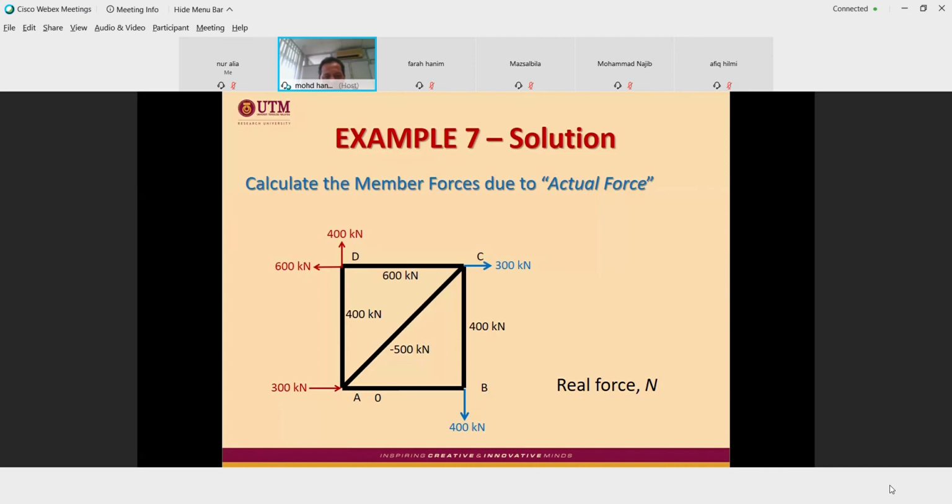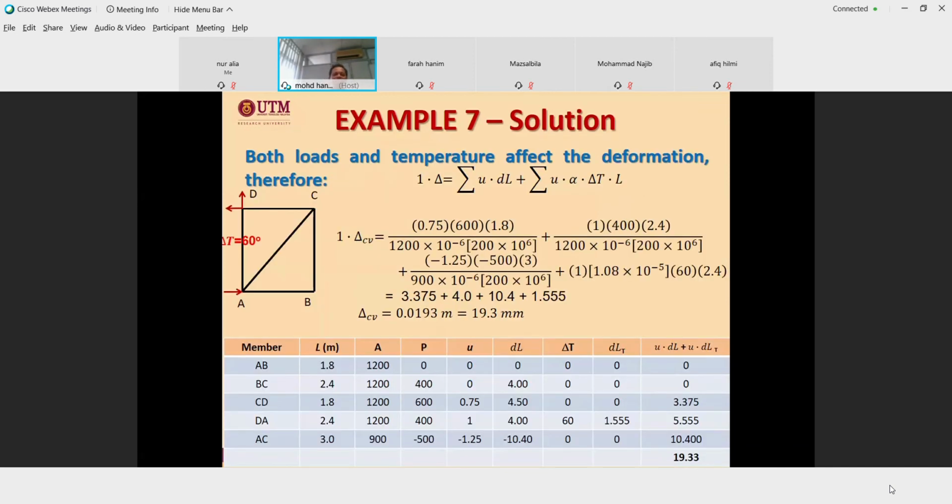Now, using this formula, this one is external load, external work. This one is internal. This one also is internal. What is this?